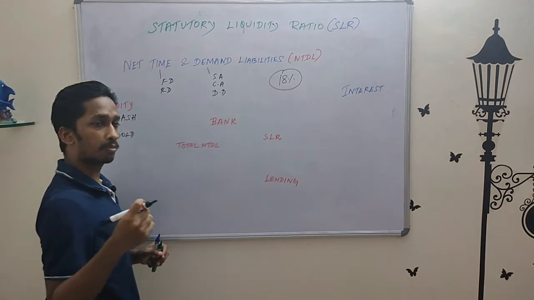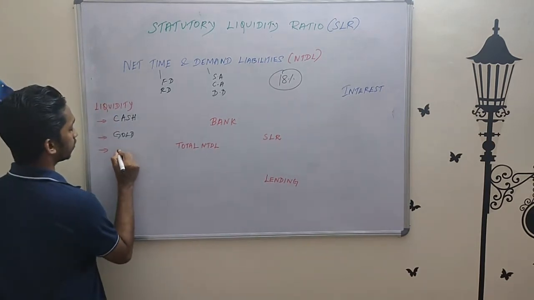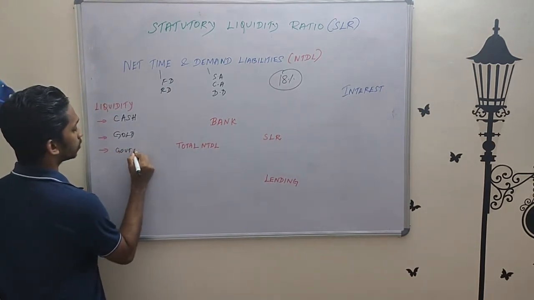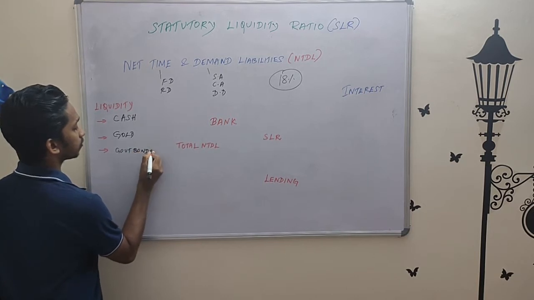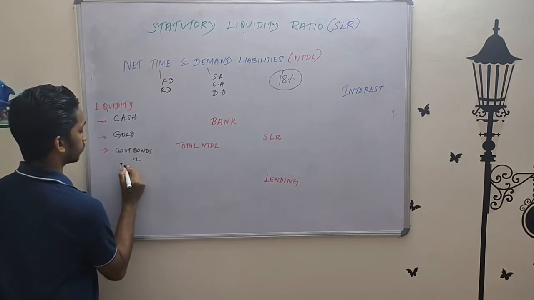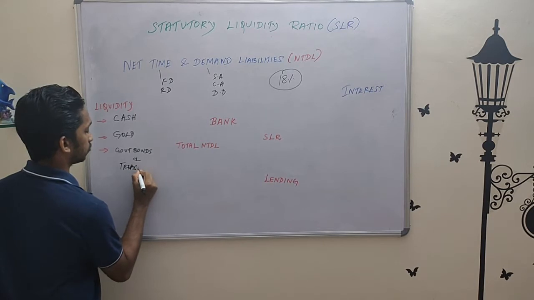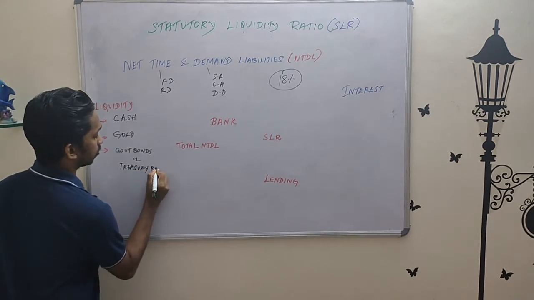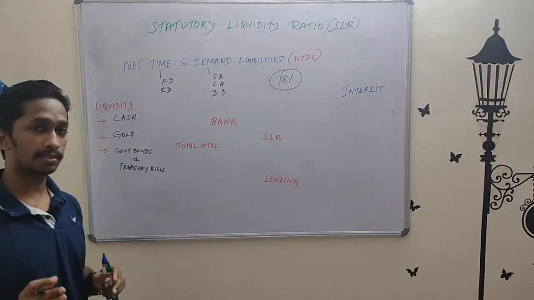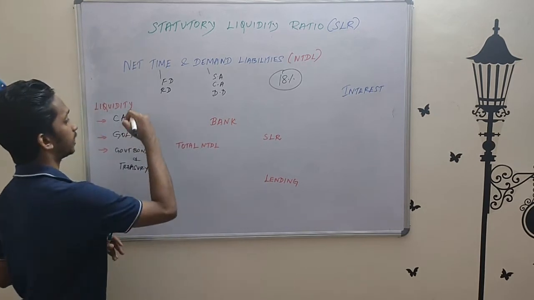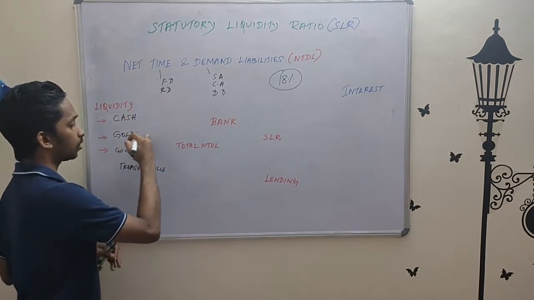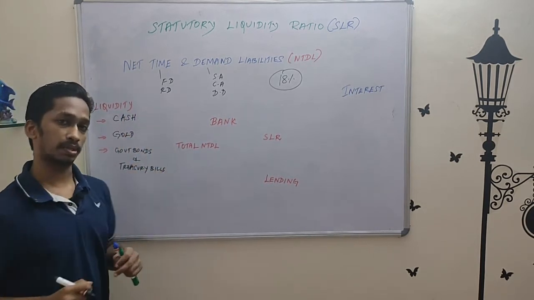So what comes under government securities? You could say government bonds and treasury bills. So banks can keep SLR in either cash, gold, or government bonds and treasury bills.